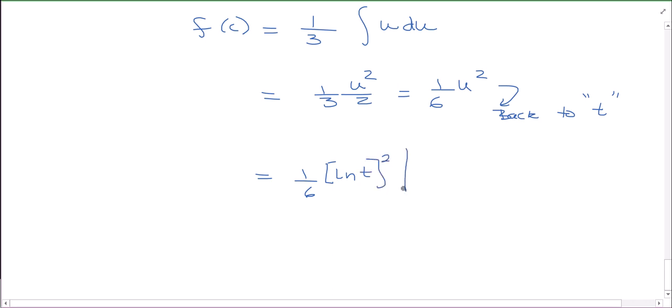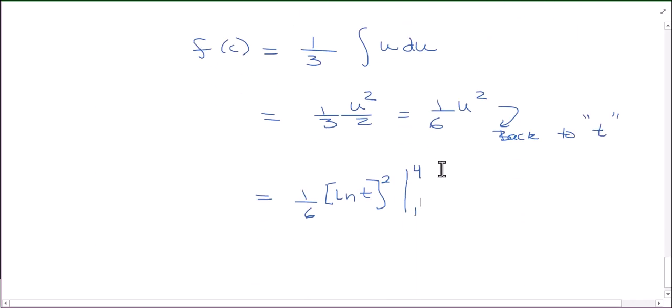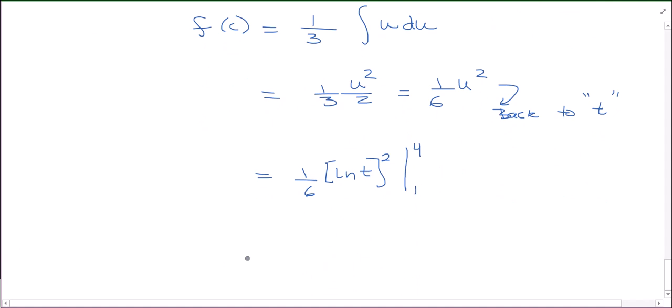And we're evaluating this now from 1 to 4. Now I put my original limits of integration back, because I'm back to the original variable t. So I can put those t values in. And so evaluate. So I'll have 1/6 times the natural log of 4 squared minus 1/6 the natural log of 1 squared.